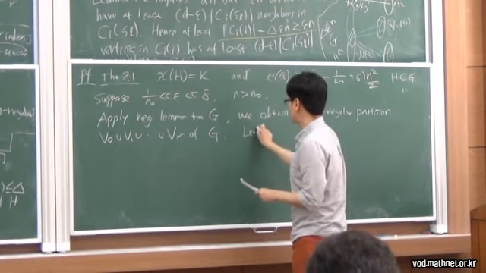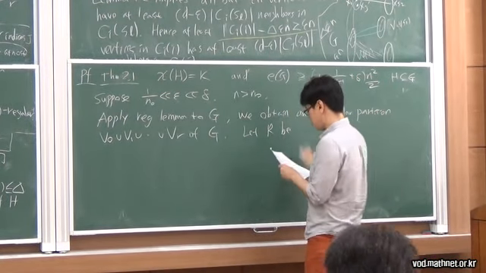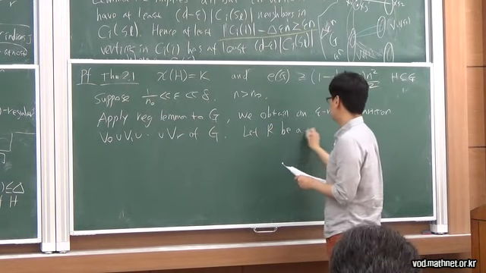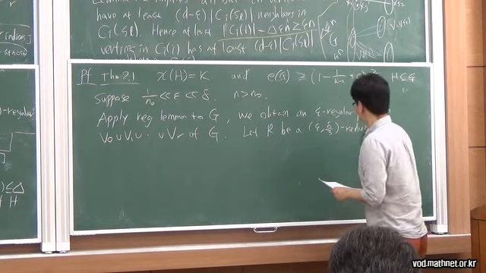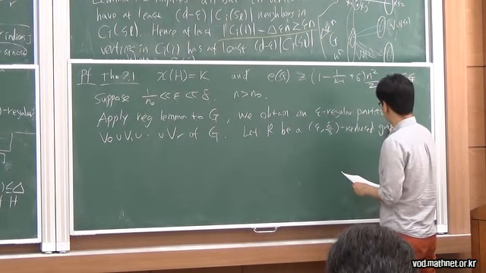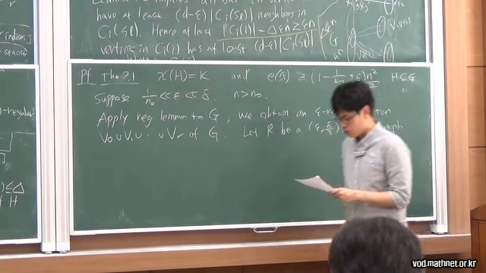And let R be the epsilon, say delta over 3, reduced graph, the graph of this epsilon regular partition.